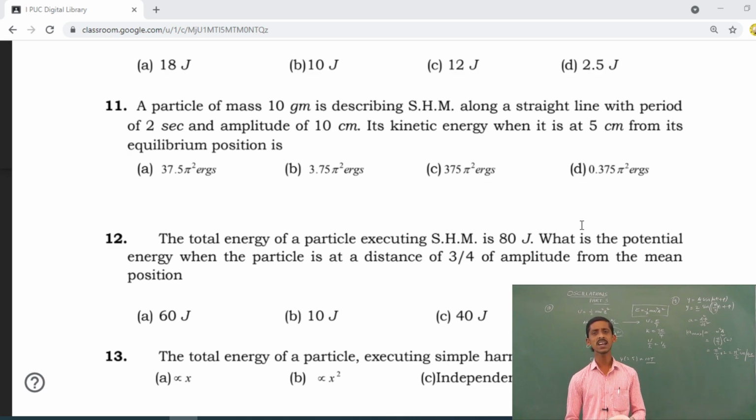Its kinetic energy when it is at 5 centimeter from its equilibrium position is? Mass is given, time period is given, amplitude is given, and the position is 5 centimeter from equilibrium.